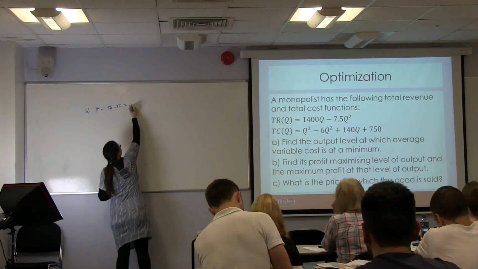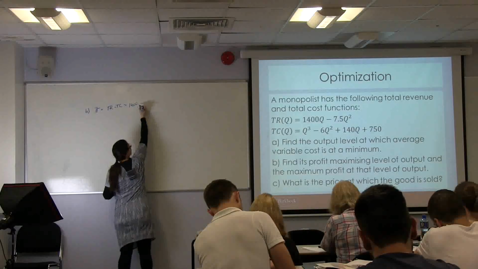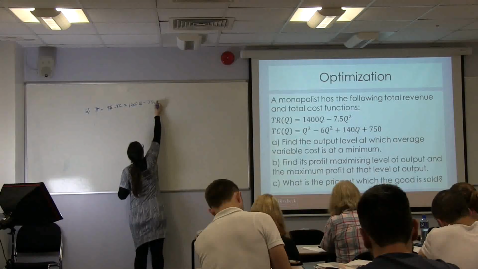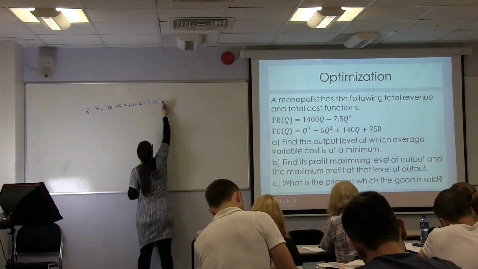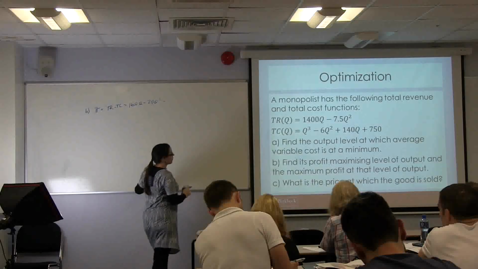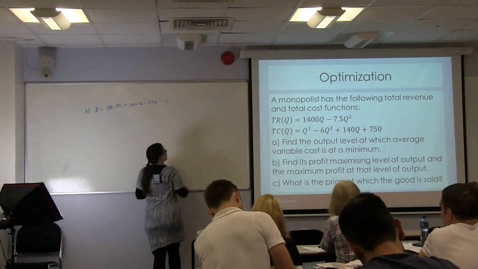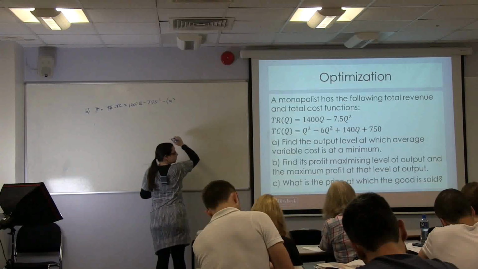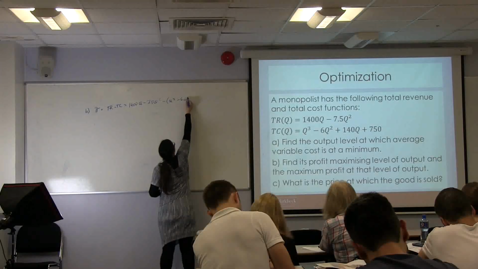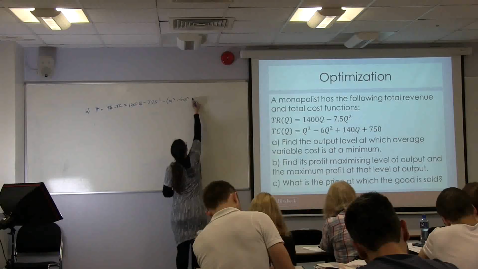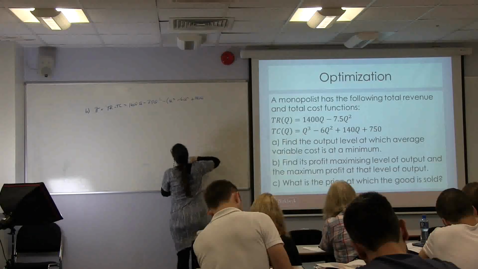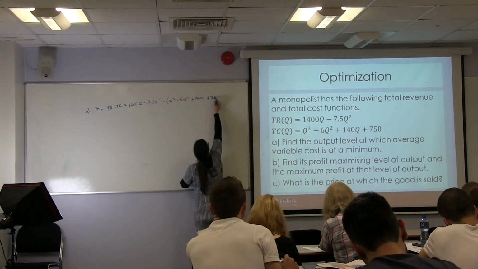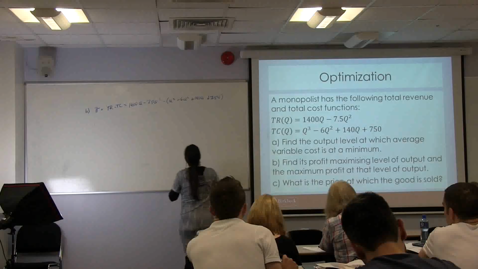You just have to plug those in. 1,400Q minus 7.5Q squared. Take away the total cost. Now, just to be on the safe side, I'm going to put it into a bracket. Q cubed minus 6Q squared plus 140Q, plus 750. Okay, have I got it right?